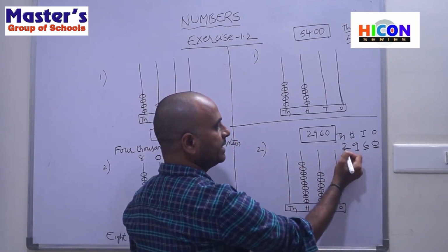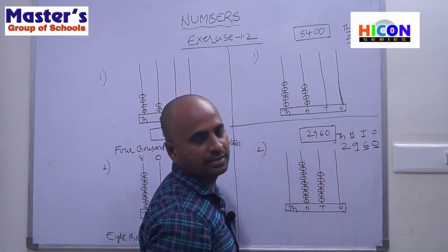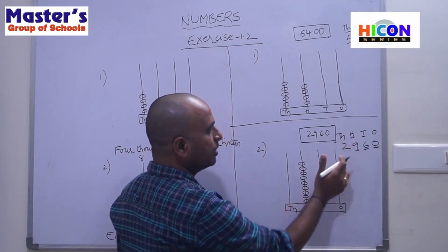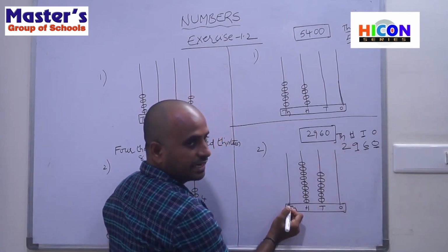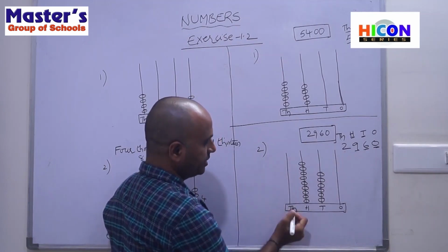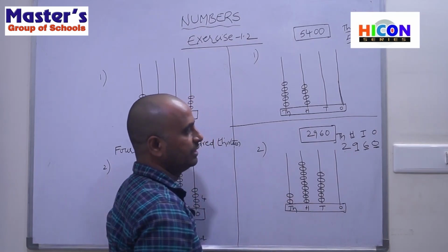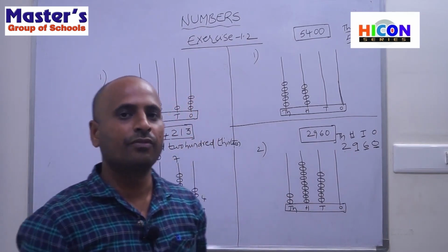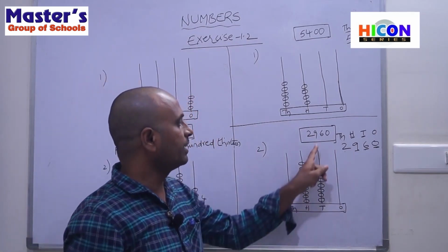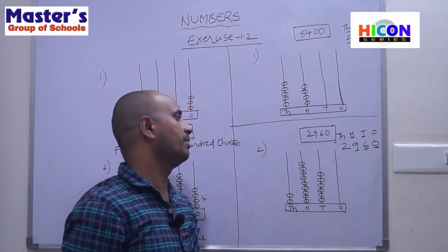And 2 is present in thousands place. That means we have to draw 2 beads on the thousands place stick, 1, 2. So this is the way of drawing beads for the given number on the abacus.